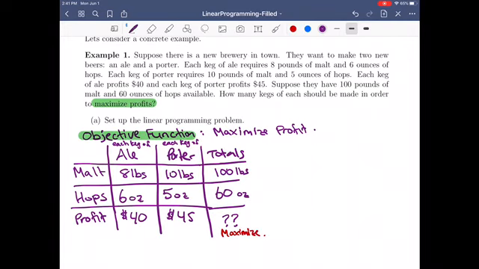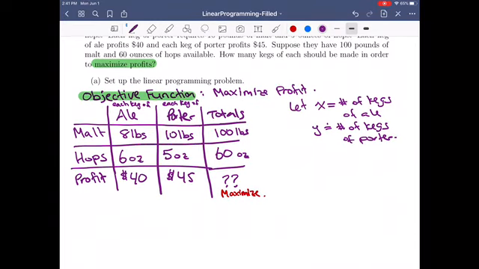What we want to know is how many kegs of each we should make, and that tells us what our variables should be. Let x be the number of kegs of ale, and y the number of kegs of porter that we make.